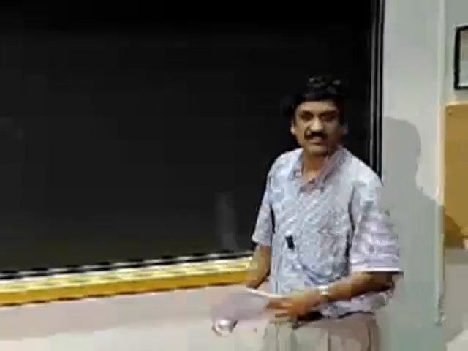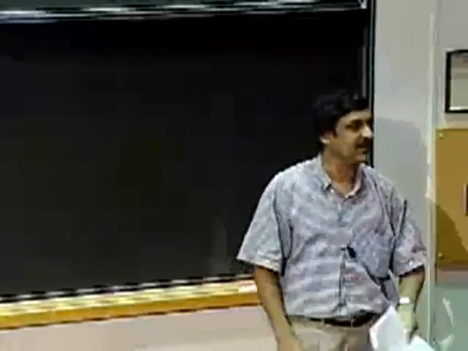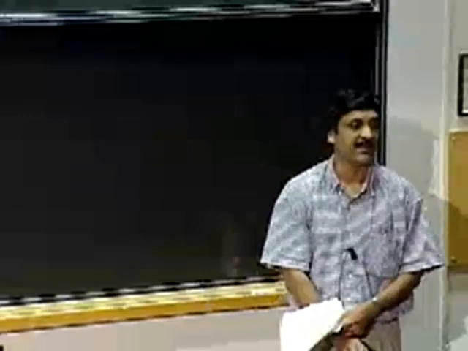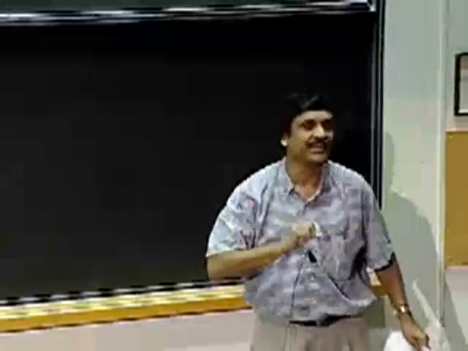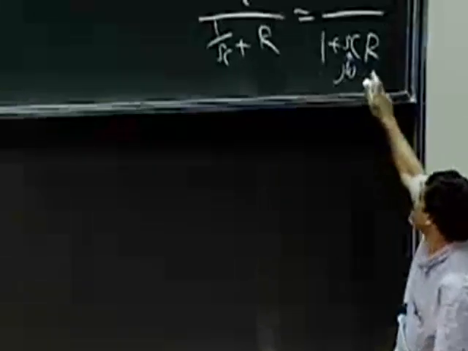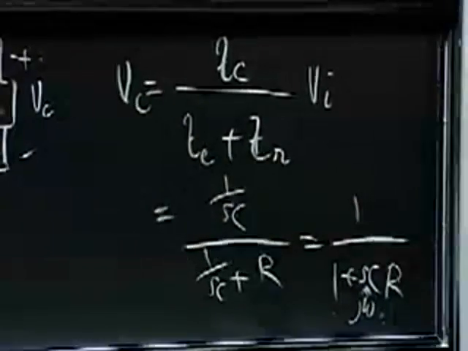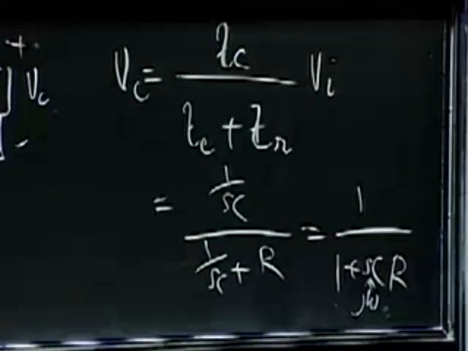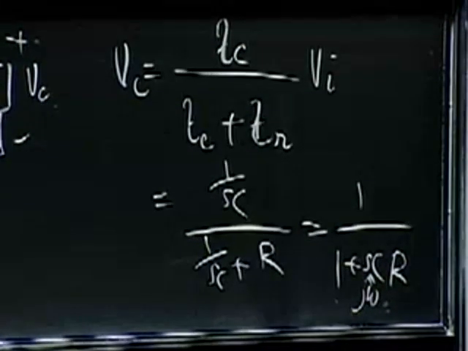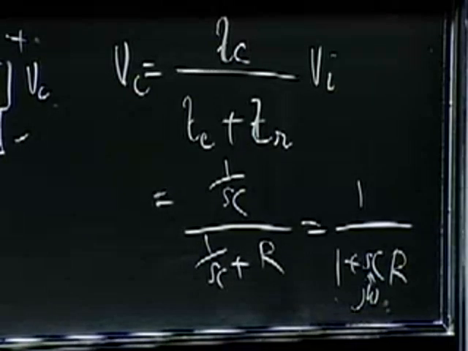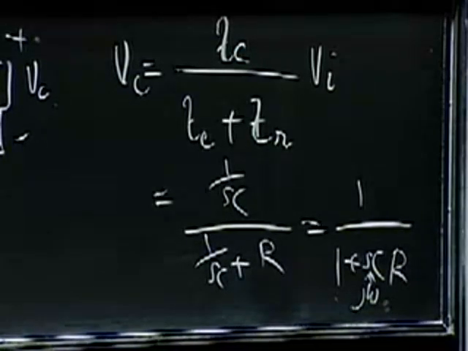So if you close your eyes and make believe that ZR is like an R, and simply apply all the techniques you learned so far in this linear playground. Just a little hack at the end where this is the complex amplitude. Okay? And if you want to go to the time domain part, then you do the usual thing: modulus VC cosine omega t plus angle VC. Just remember that. That's the jump to get back to the time domain.